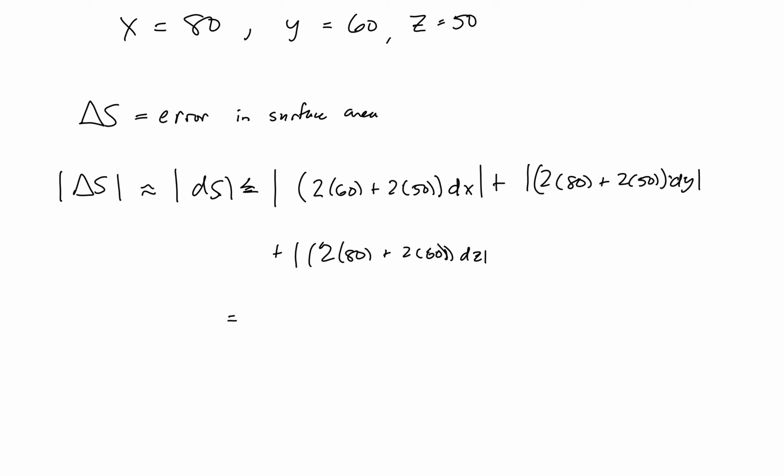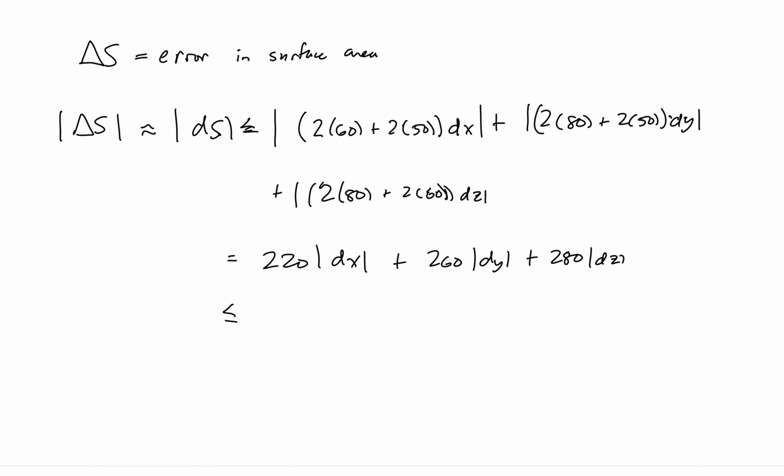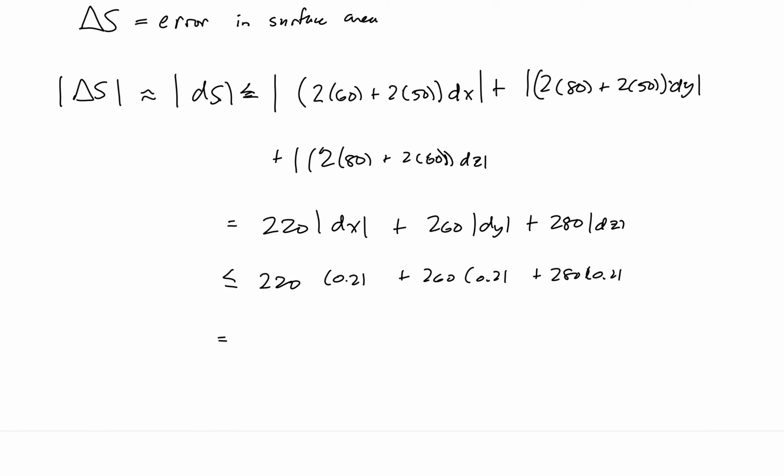And so this is 220 absolute value of dx plus 260 absolute value of dy plus 280 absolute value of dz. And we know these errors are all bounded by 0.2. And so this comes out to 105.2 centimeters squared.